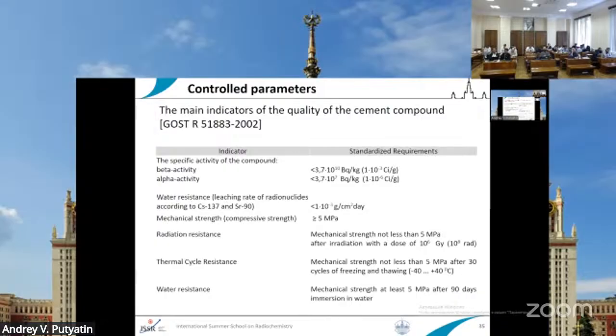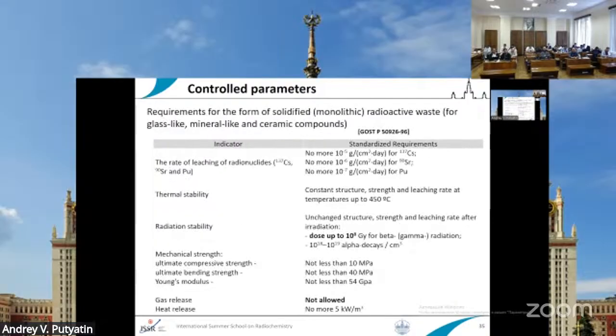It is immersion of the cement compound for 90 days in water, and testing of the mechanical strength. There are stricter parameters for solidified high-level waste, which is either glass-like, mineral-like or ceramic compounds.